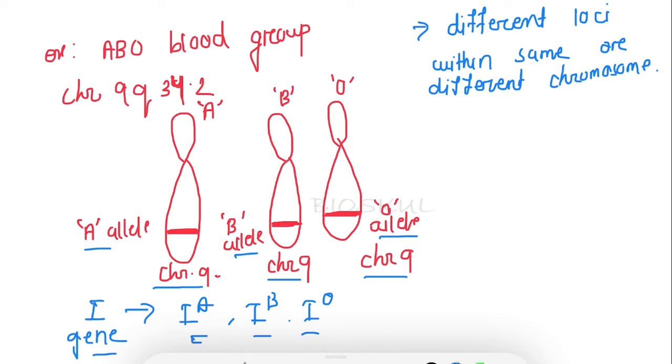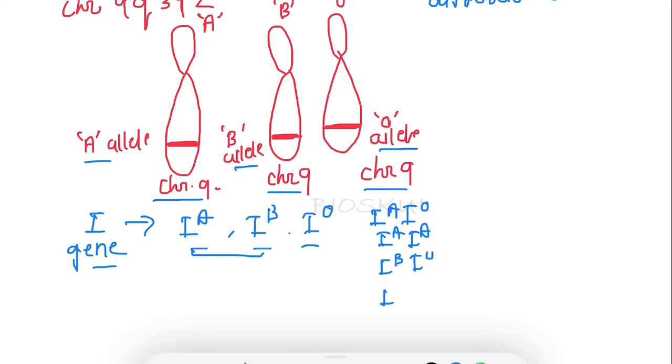But in an individual you will find only two of the alleles. That means an individual has IAIO, IAIA, IBIO, IBIB, IAIB or IOIO. In a population, three different alleles are present for a gene, but in an individual you will find two alleles. So this is about multiple alleles.